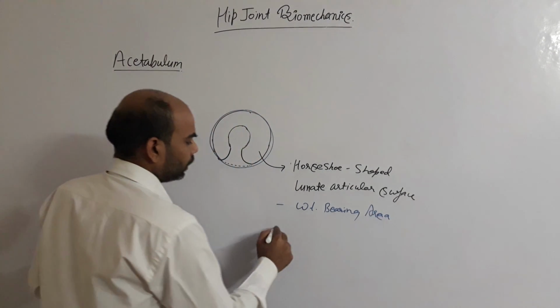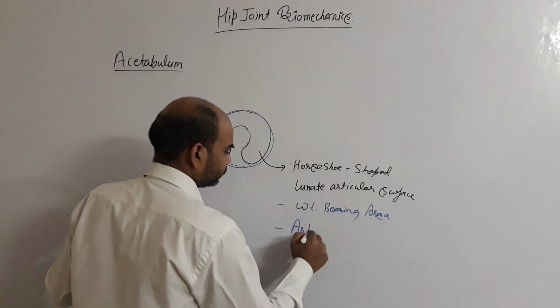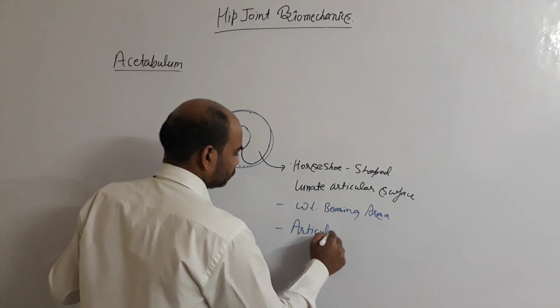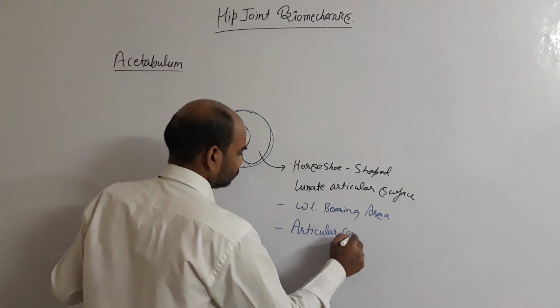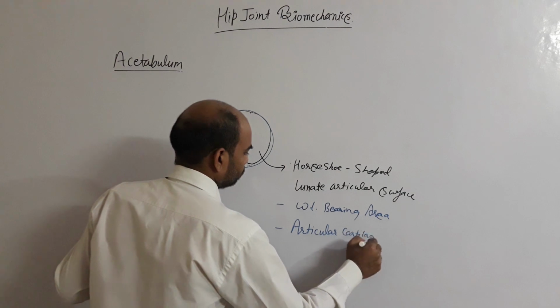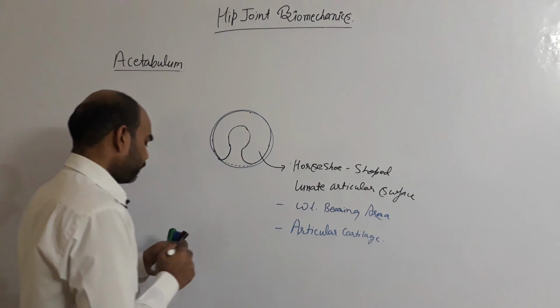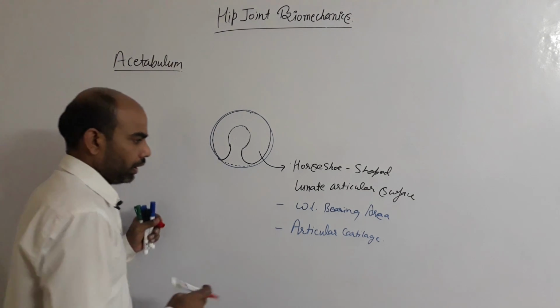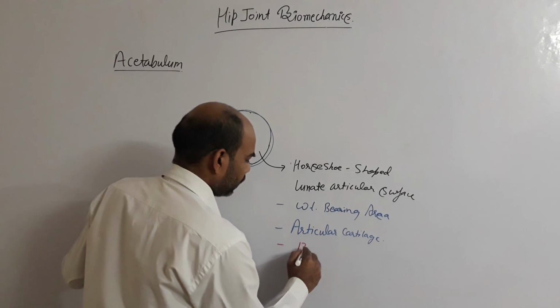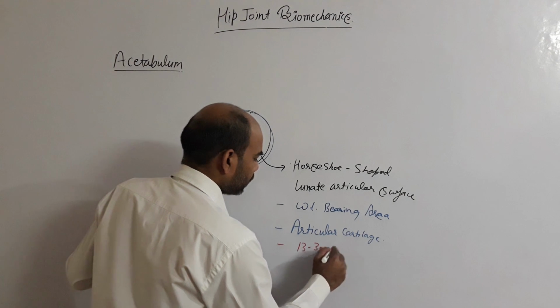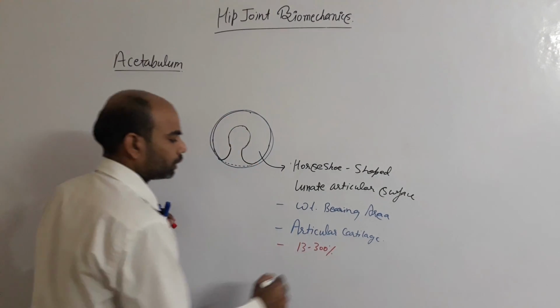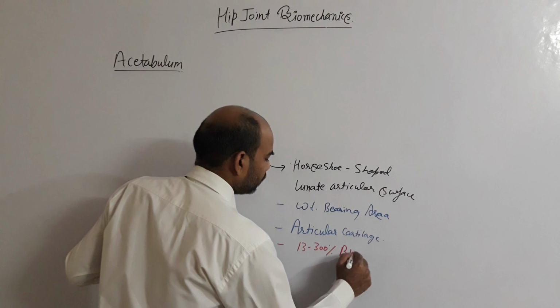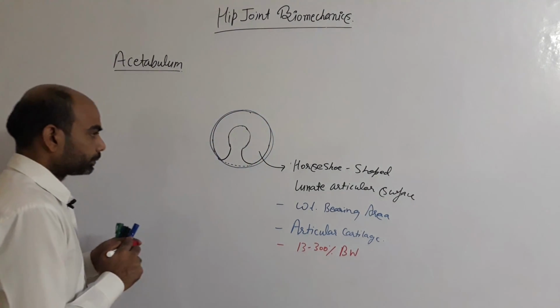So it is covered with articular cartilage. The weight bearing during the normal gait cycle in this area is around 300% of body weight.